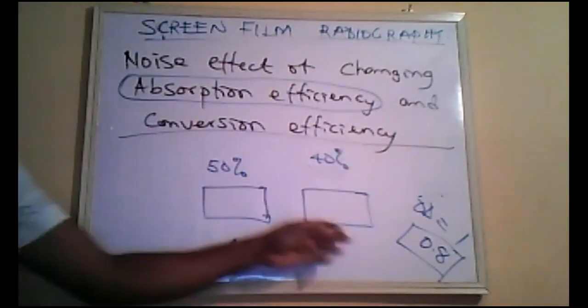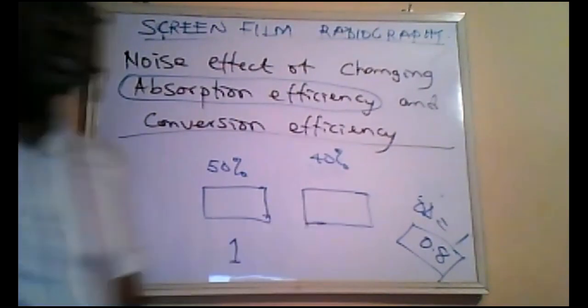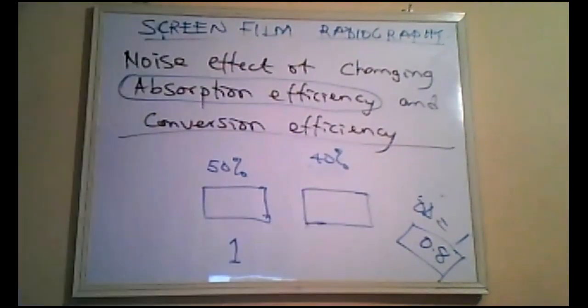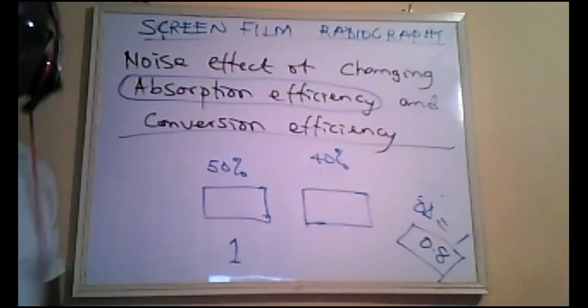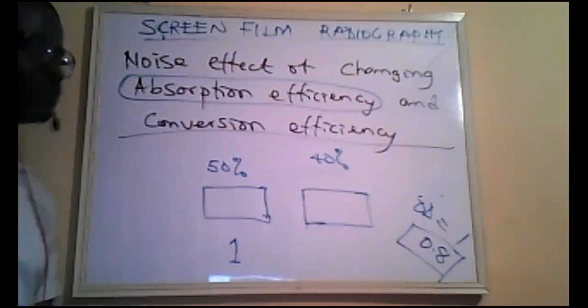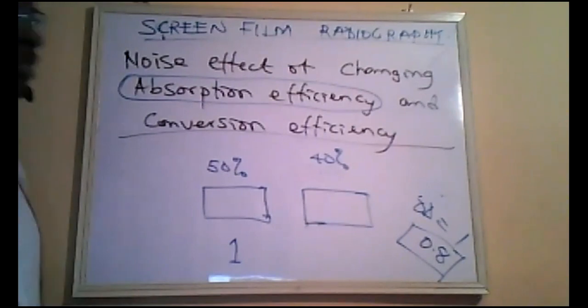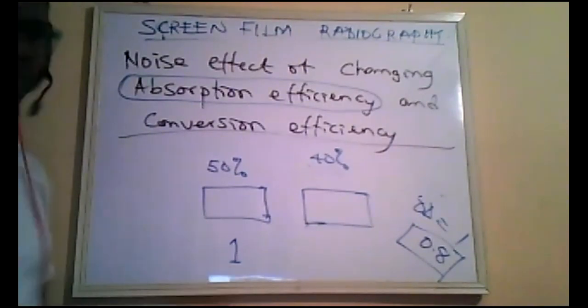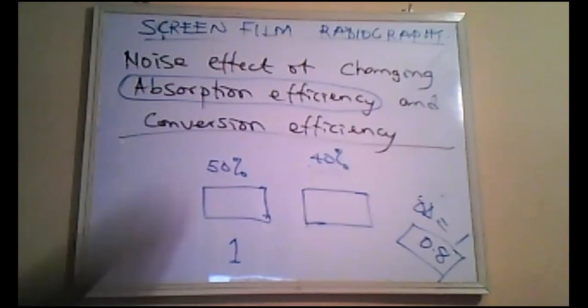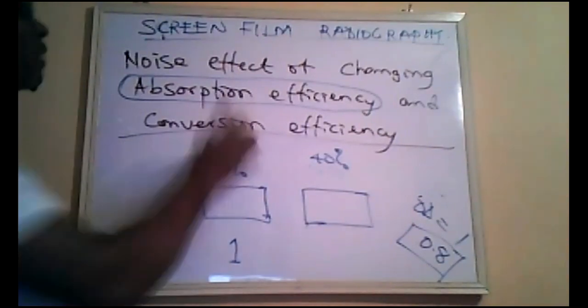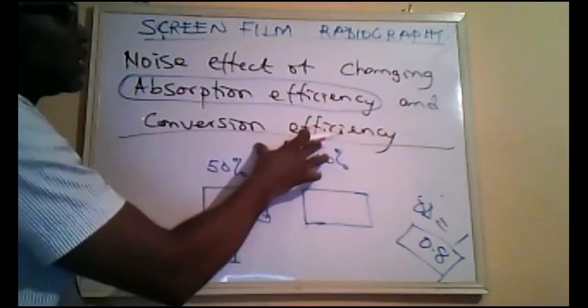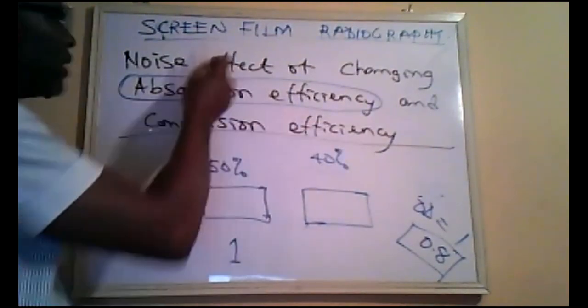Of course, we are going to come to speed, the sensitivity of a screen, whereby a particular screen uses a fewer number of light photons to form an image, which we call a fast screen. We are going to come to that. So the thing we want to draw out here is that the conversion efficiency has no effect on the noise.